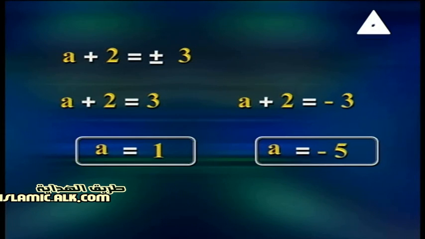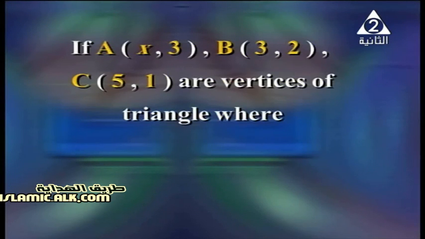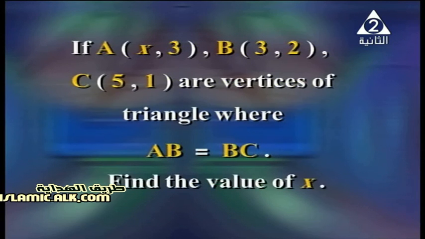Now let us have another example. If A(x, 3), B(3, 2), C(5, 1) are vertices of a triangle where AB equals BC, find the value of x.